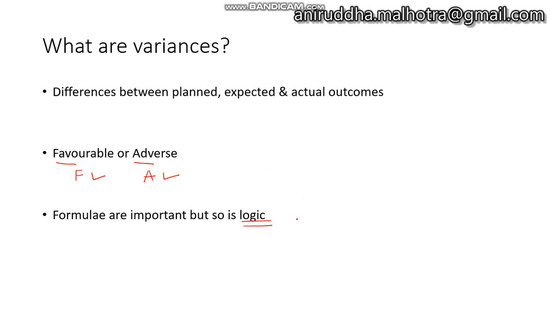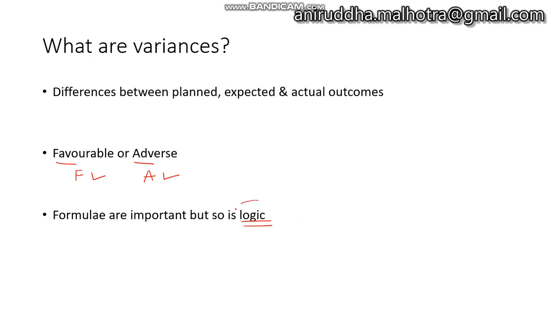So the logic that I just explained to you earlier, that you wanted something and you got more, might be favorable depending on what it is. For example, if it's profit and you got more profit, that's favorable. But at the same time, if it is cost and you got more cost, it is adverse.